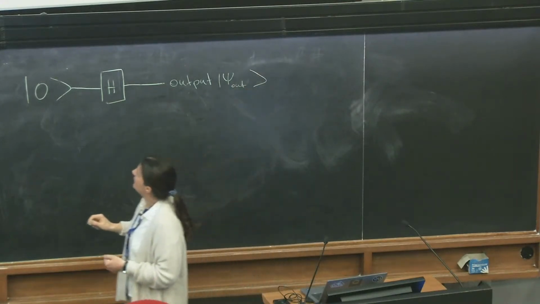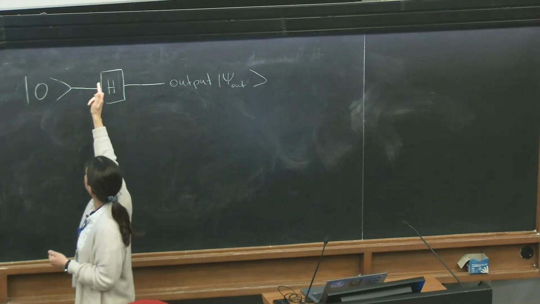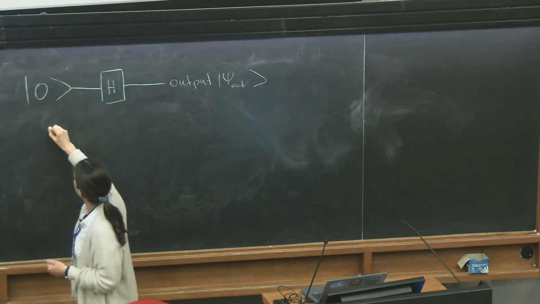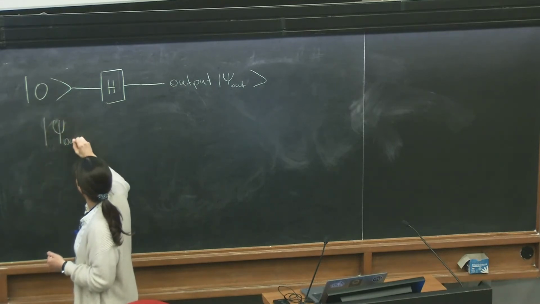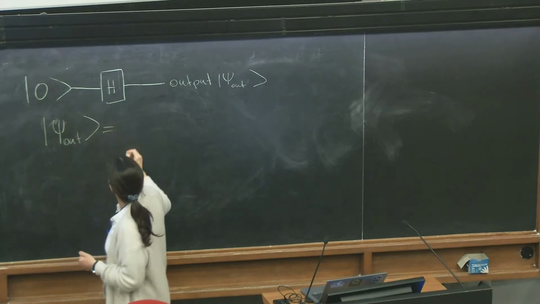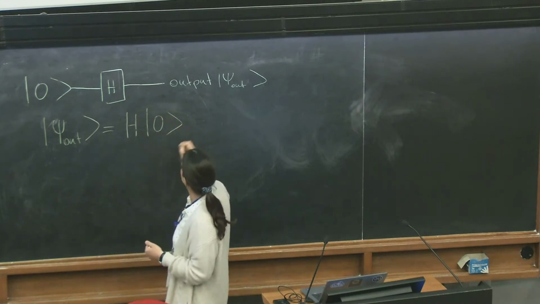So intuitively, what you do is you apply the gate here. What we're looking for, the output wave function, is the Hadamard gate applied to the 0 state.